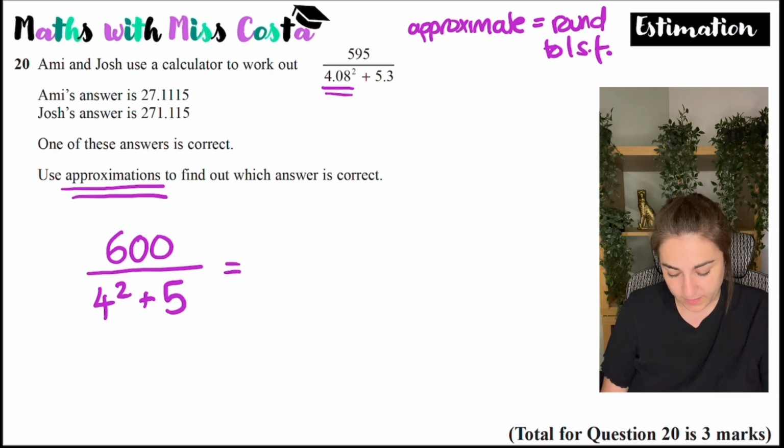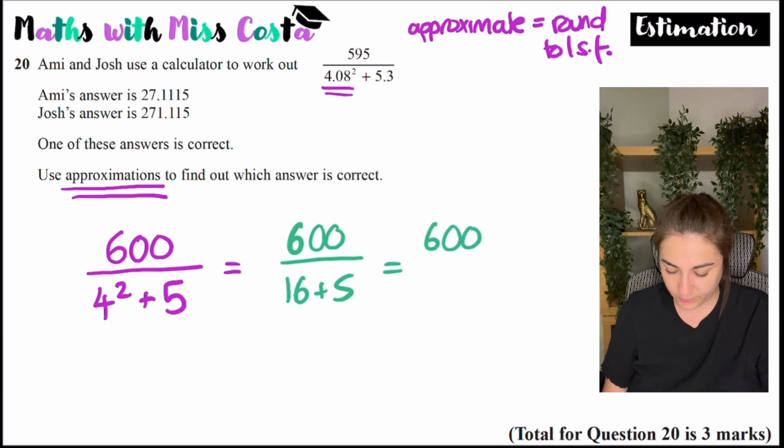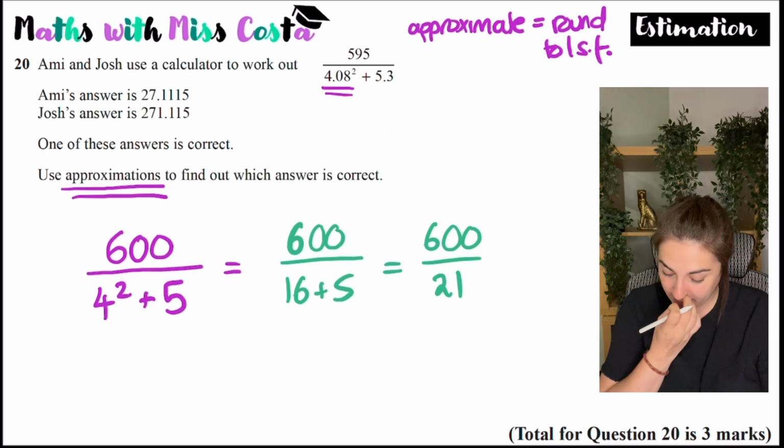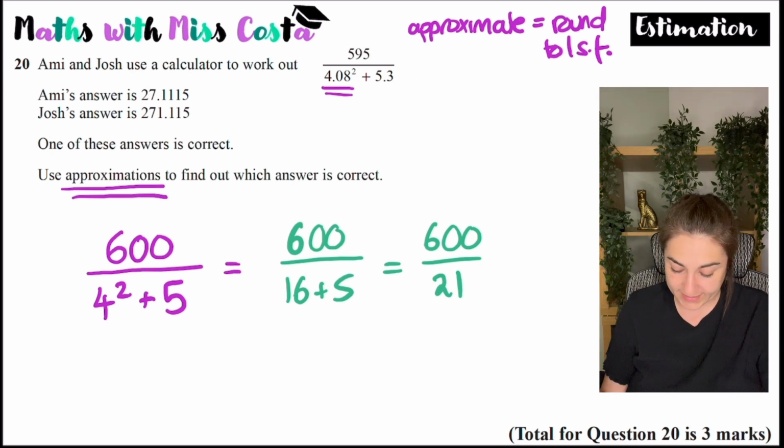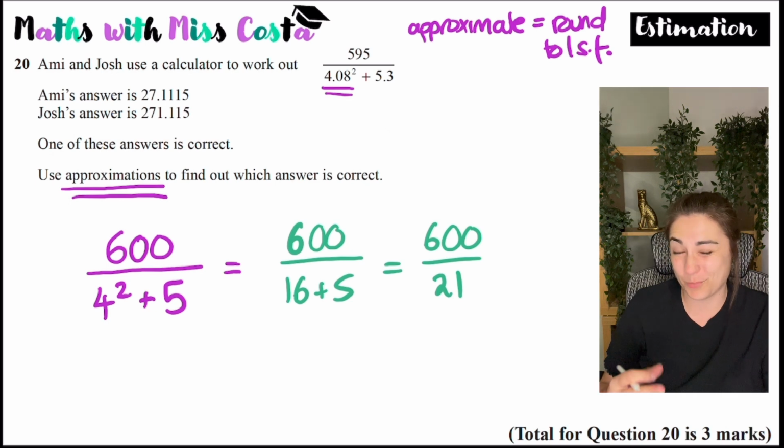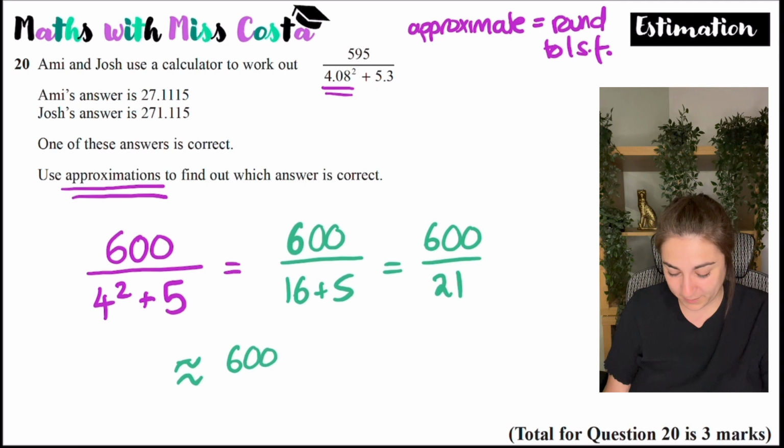So 600 divided by 4 squared. 4 squared is 16. 16 plus 5 is 21. So 600 divided by 21. Now you could use this, or you could then also approximate it to be approximately 600 divided by 20.